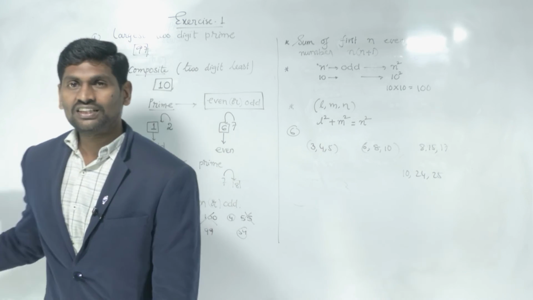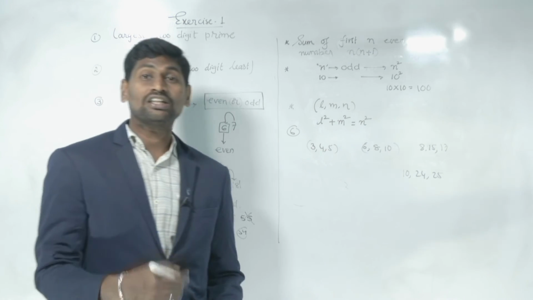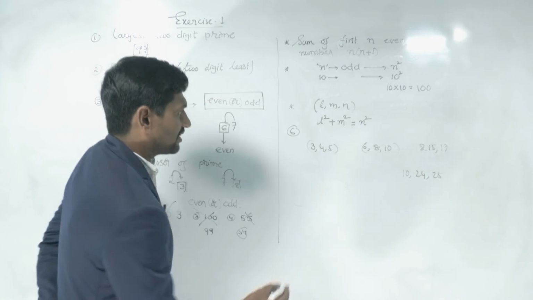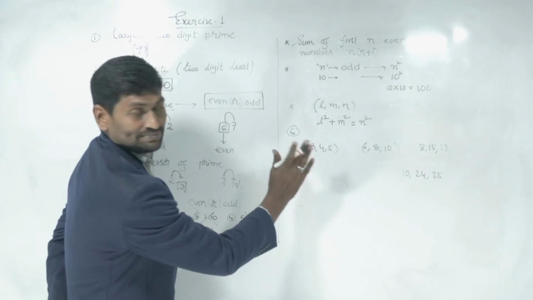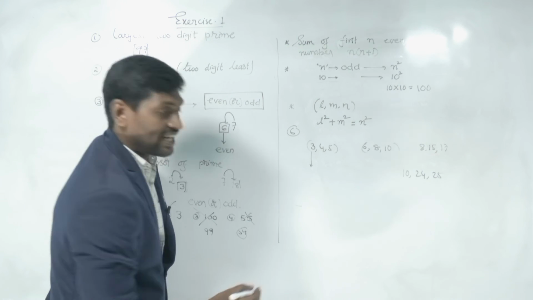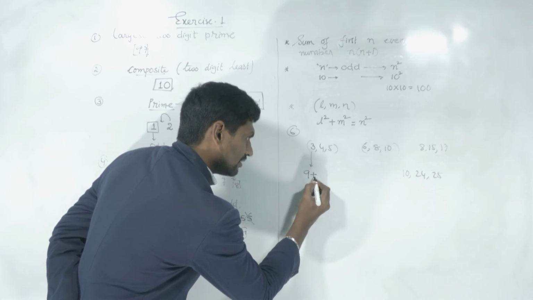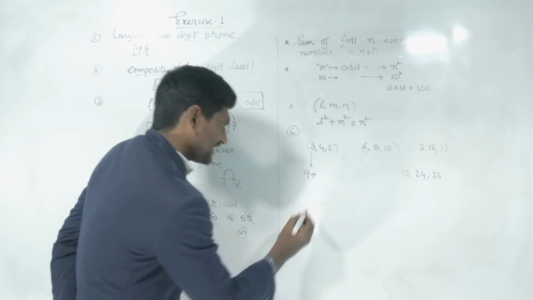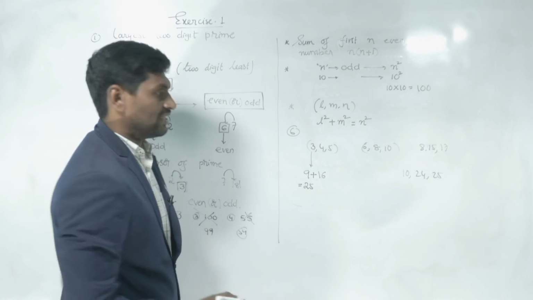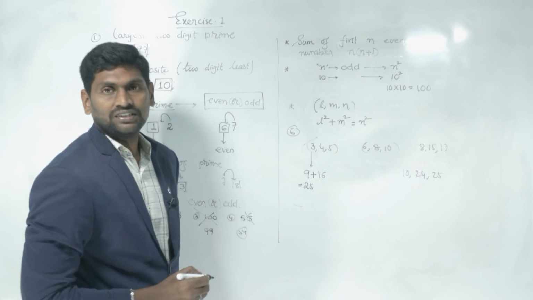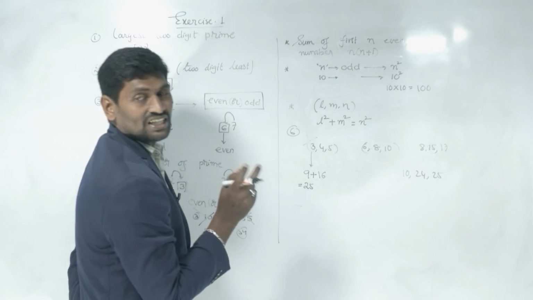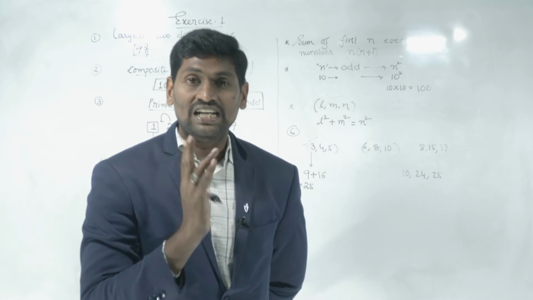But the question asks which of the following are not Pythagorean triplets. Let us check. 3 square is 9, 4 square is 16. 9 plus 16 is 25, which is 5 square. This is a Pythagorean triplet, so not our answer.